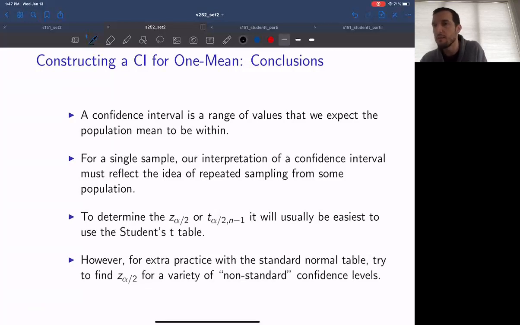So we are taking into account more information about the population structure than we would if we just provided X bar. We have two different ways of computing CIs. We can use the standard normal table or the student t-table. And again, this just depends on whether or not we have the population standard deviation.